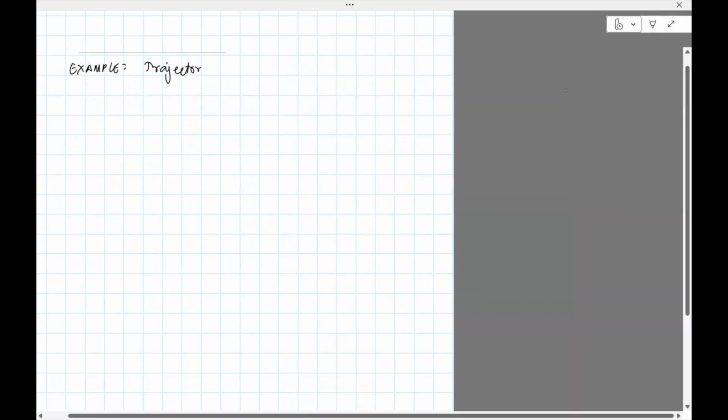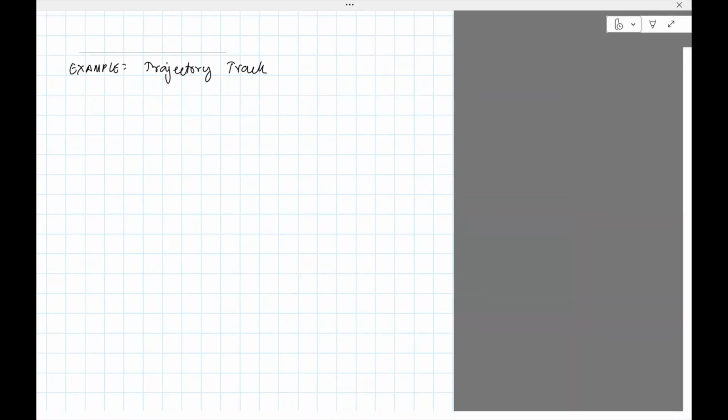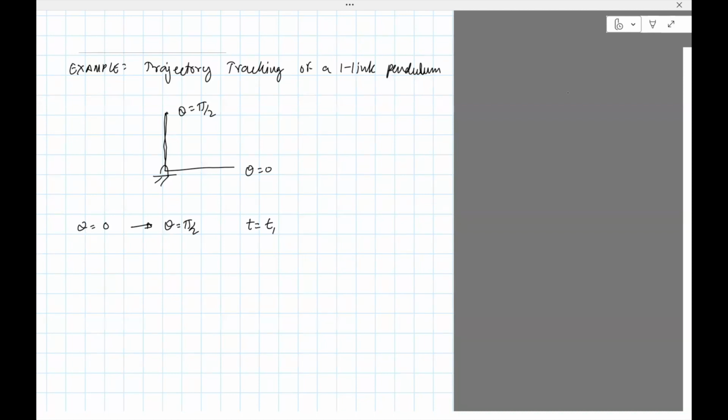Trajectory for one pendulum. So here what I'm going to do is start the pendulum from theta equals 0, get it to go to theta equals pi divided by 2 in some time t equals t1, or we can just put here t0, t equals t1.